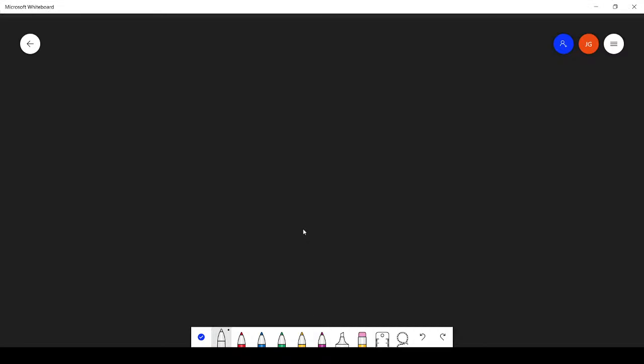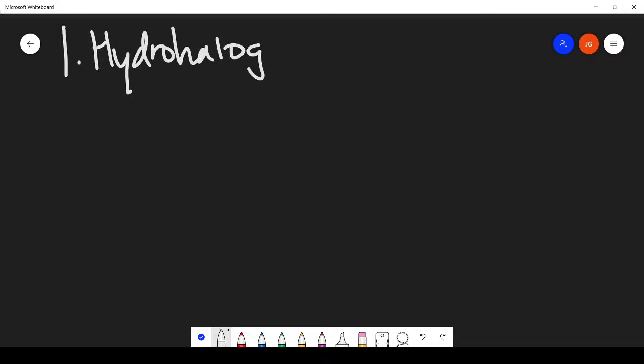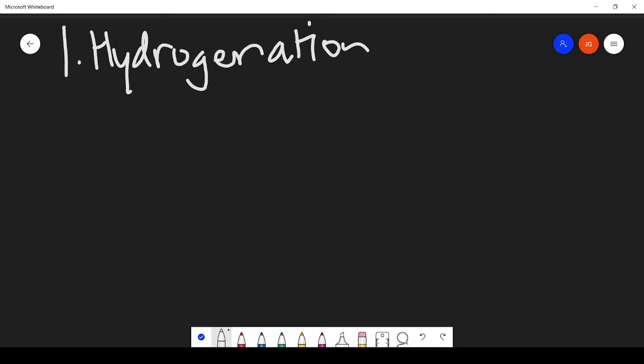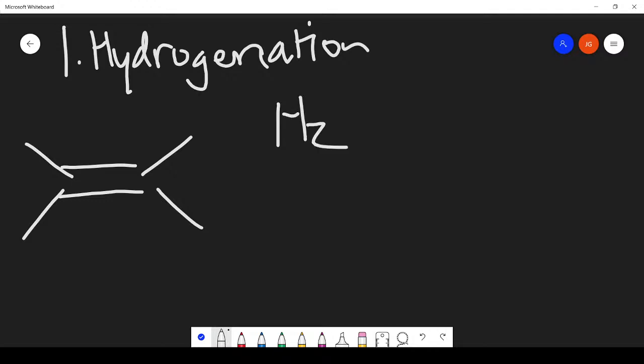11. Let's start with the first one, which is called hydrogenation. We could have started with any of them, but I feel like this is the simplest one. So, in hydrogenation, you have an alkene, and the thing that you're adding across the pi bond, we call this adding across, well, your thing 1 and thing 2 that you're adding to these 2 carbons, is the hydrogen molecule.